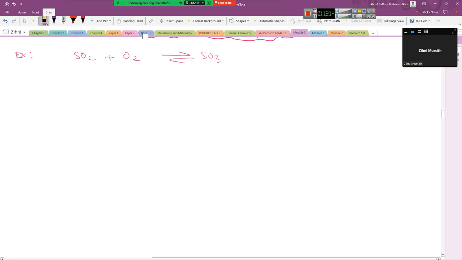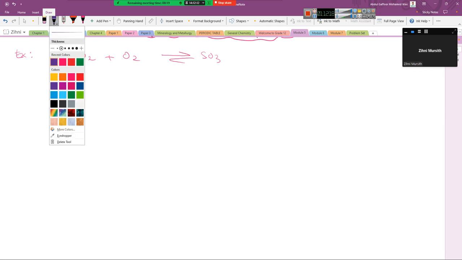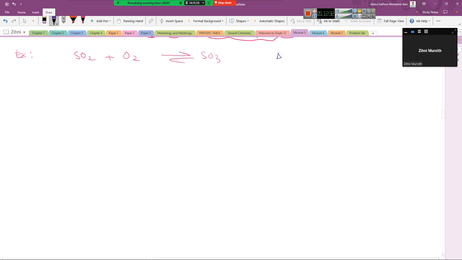If this is an exothermic reaction, exothermic means products minus reactants, so it will be negative. So delta H is less than 0.